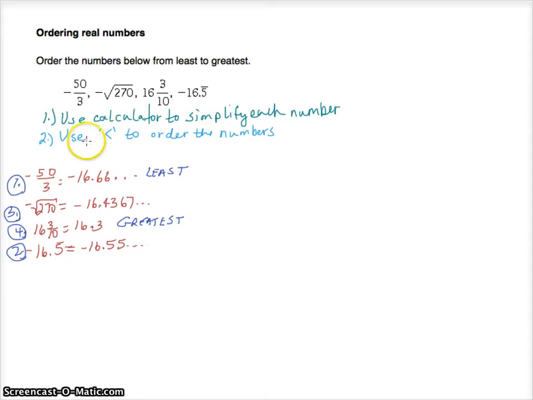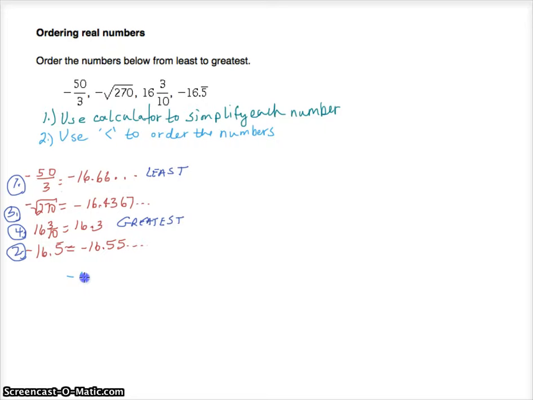So the next thing we need to do is use the less than inequality symbol to order our numbers, and I'll color code these for you, gang, so we can see it. I need to take my smallest number, negative 16.66, or negative 50 over 3.